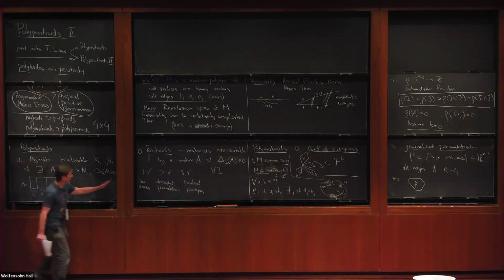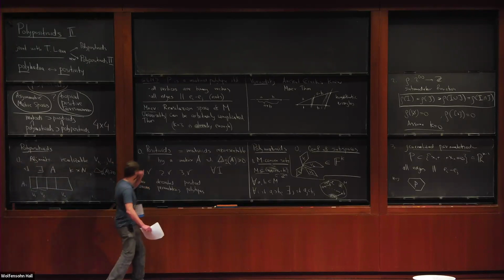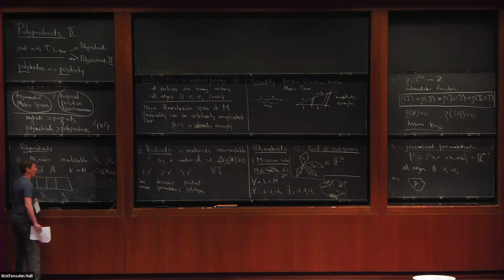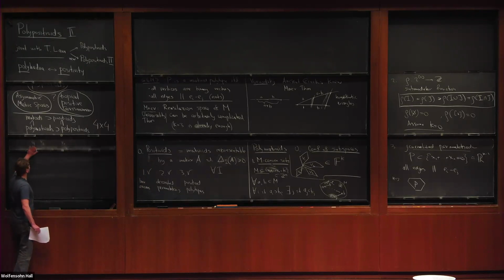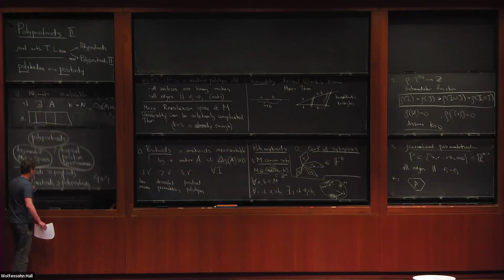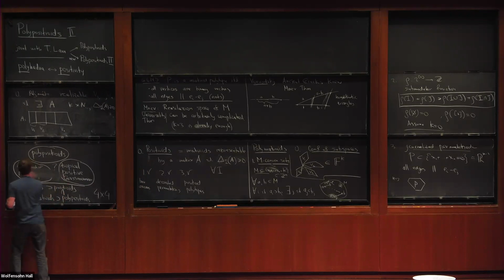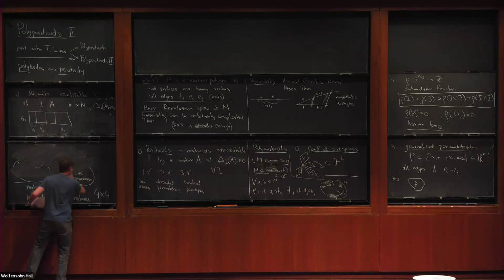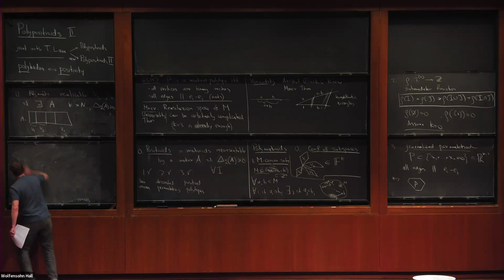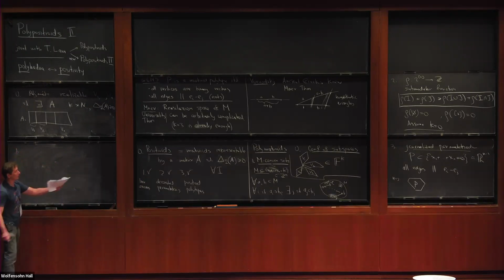Okay, let me move on and describe these polypositroids in terms of bases. We already know how to do number one. We have some subset, let me call it M, in the integer lattice.